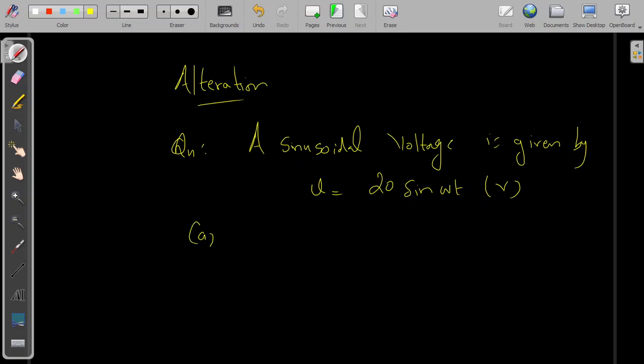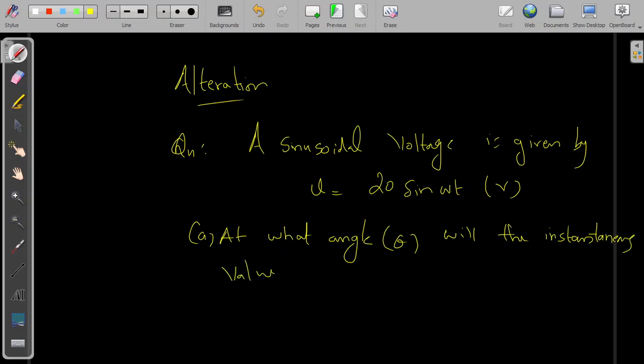Question A: at what angle, that means at what value of theta, will the instantaneous value of voltage be 10 volt?